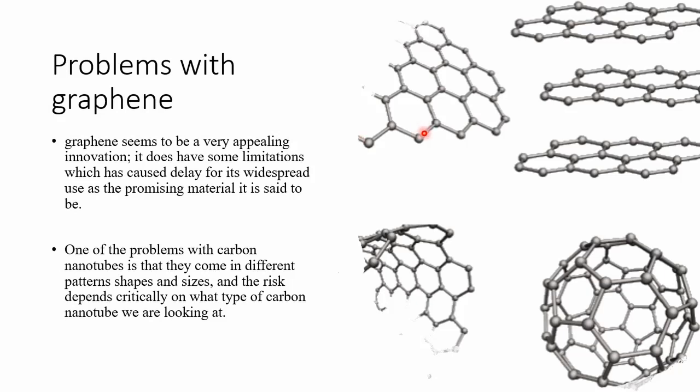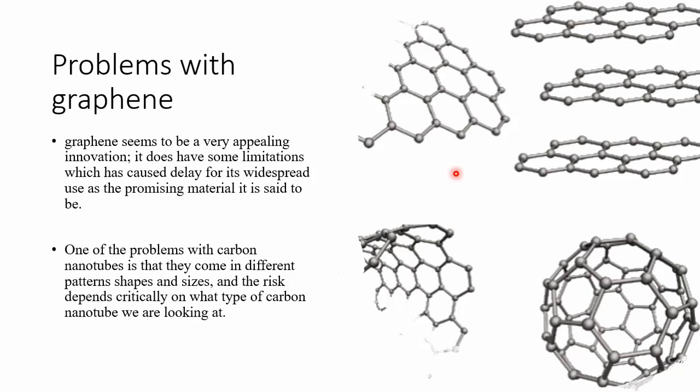So here, what we see is some patterns of graphene. And this can be a problem because when it comes to the biomedical, if these are going into humans, we do need to know which one to properly use, which pattern to use, as their differences can cause different reactions.